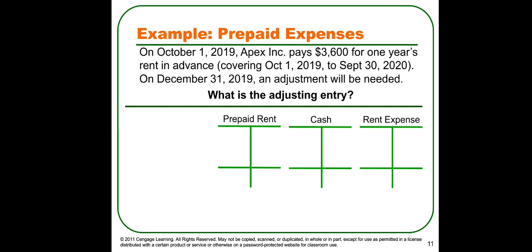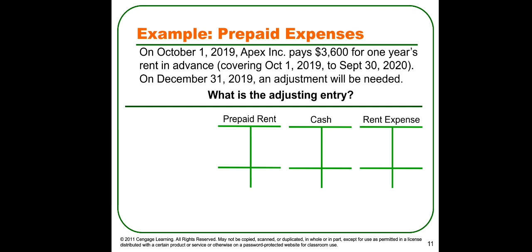So you have to remember this. In accounting, when you pay expense in advance, it is an asset. Let's say you pay something today, but you will use it later. In this example, the business pays 3,600 on 1st of October, and the business can use the building for the next 1 year, from 1st of October 2019 to September 30th, 2020.